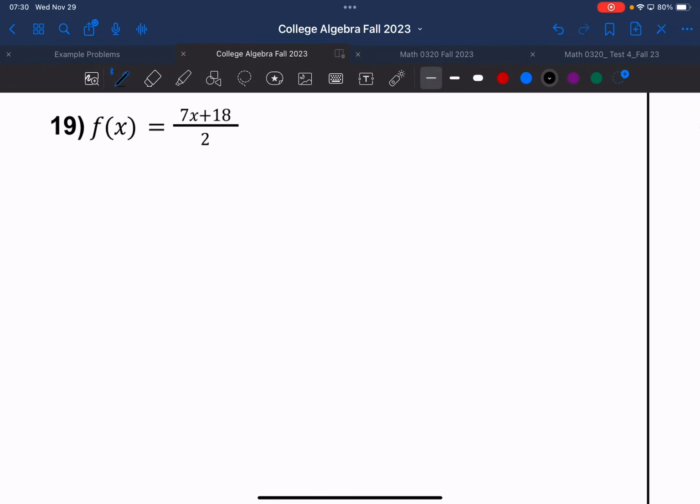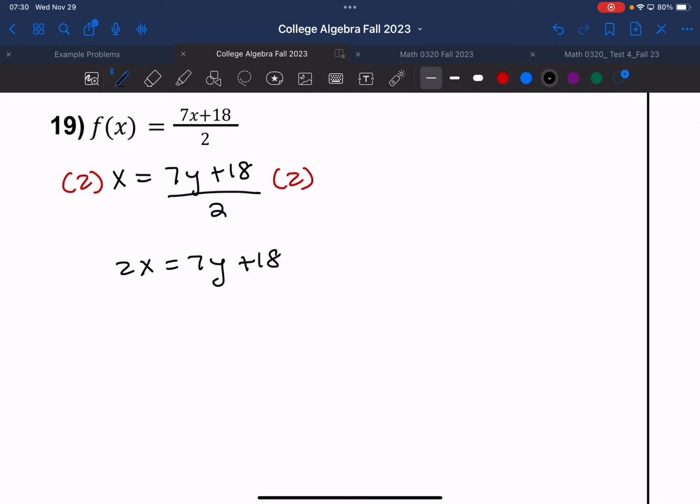Okay, so 19, swapping my x and y's, I have x is equal to 7y plus 18 over 2. I need to get y by itself, so what's my first step? Multiply by 2. So I have 2x is equal to 7y plus 18.